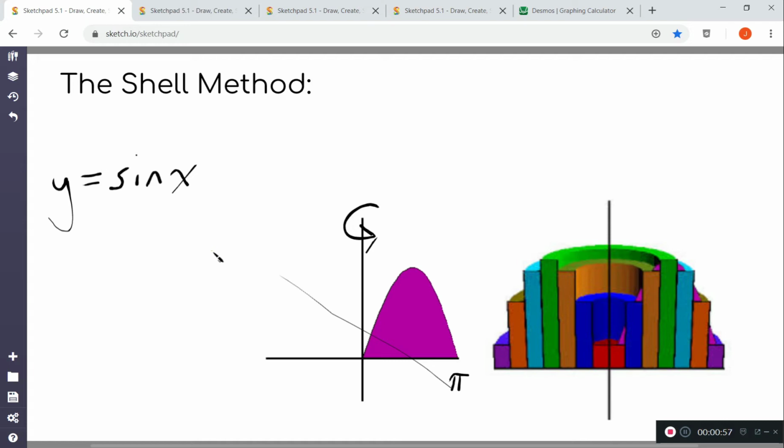This creates problems. In this particular scenario, sine x does not have what we call a true inverse. The function x equals inverse sine of y has a restricted domain. And if we tried to use that, we would only really be using this part of the function right here, and we'd miss part of our volume.